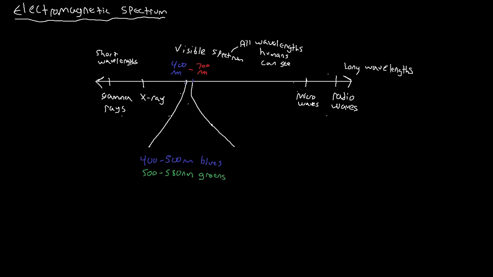We do have a little bit of yellow here, from about 580 to about 600. These would be yellow.